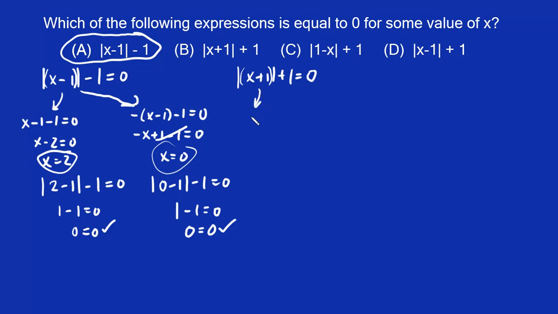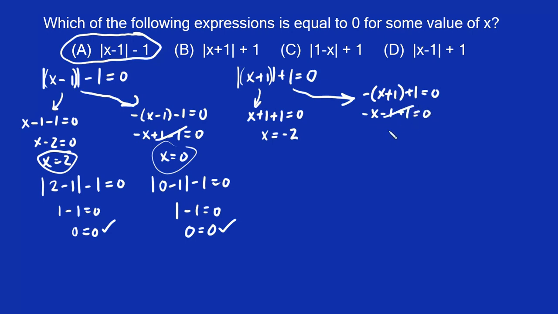This one will be positive, so x plus 1 equals 0, and x is going to be equal to negative 1. For our second one, we have negative (x plus 1) equals 0. When we distribute this through, we get negative x minus 1 equals 0, so x is equal to negative 1.